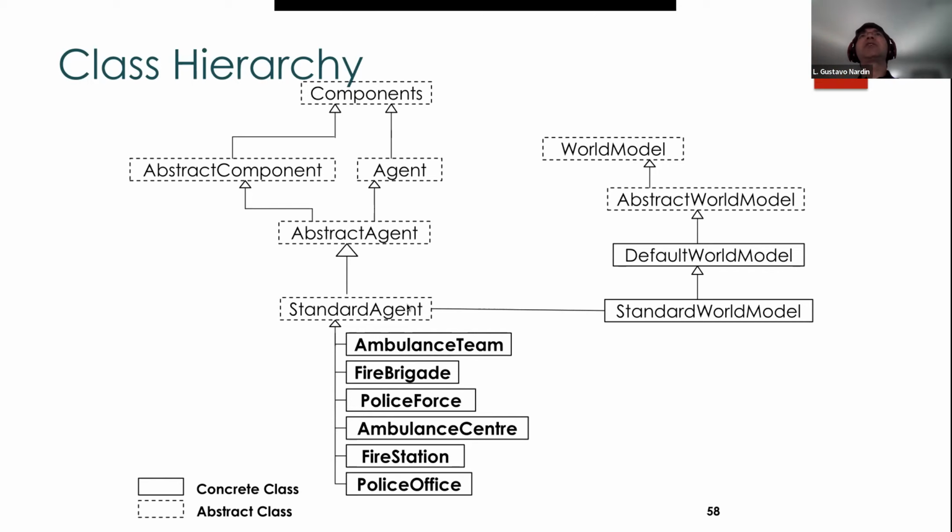And the standard agent is connected to the standard world model, which is the world model or the environment model that is represented in that specific scenario. So it's through the standard agent that different types of agents are able to know what the world is and how to deal with it.